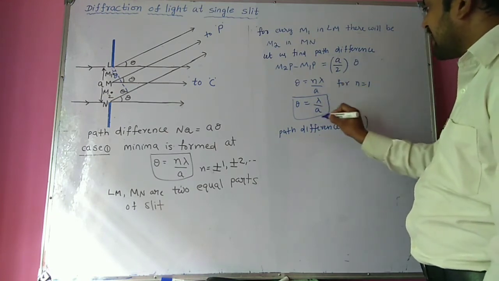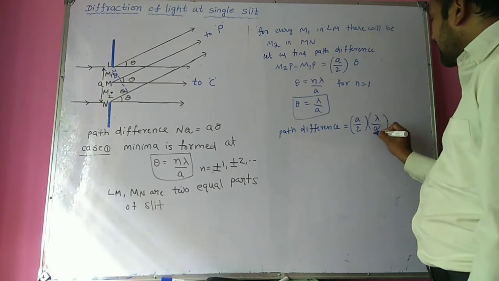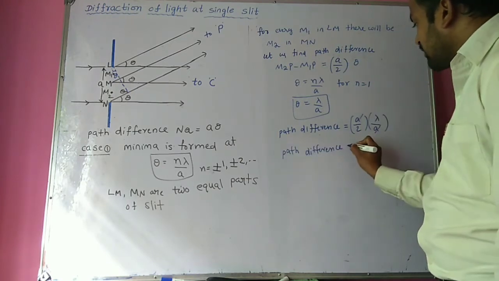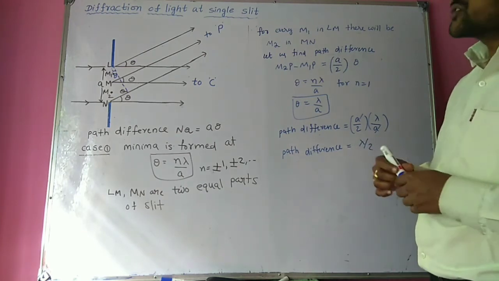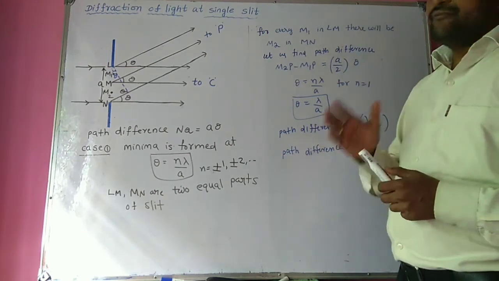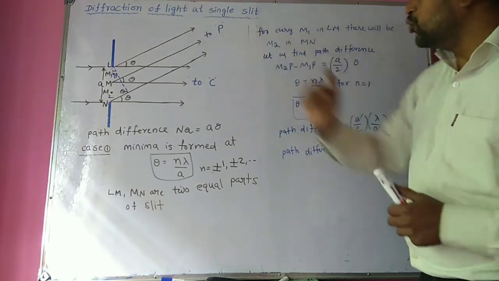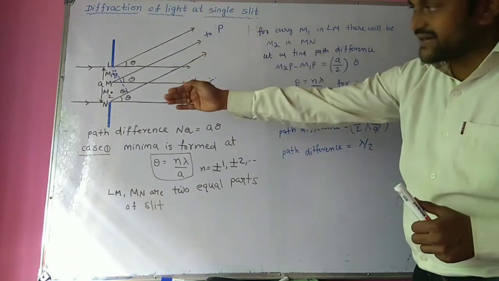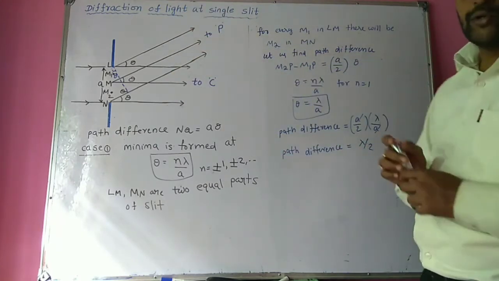The theta we have already calculated here, lambda by A. Now A gets cancelled. Now the path difference is lambda by 2. That means the secondary wavelets which are reaching the point P from M1 and M2, these 2 points in between LM and MN, have a path difference of lambda by 2.